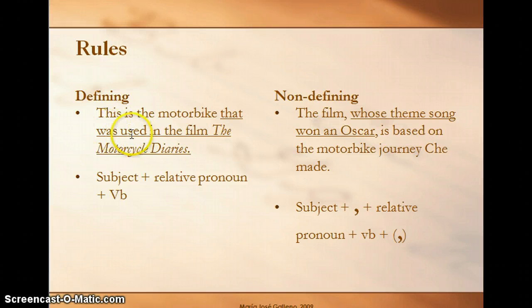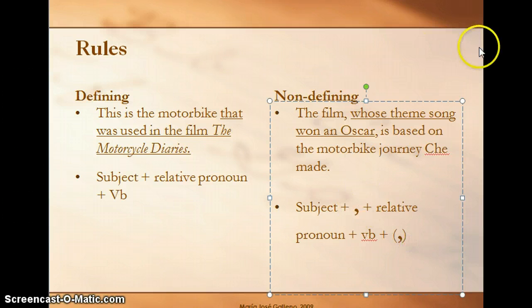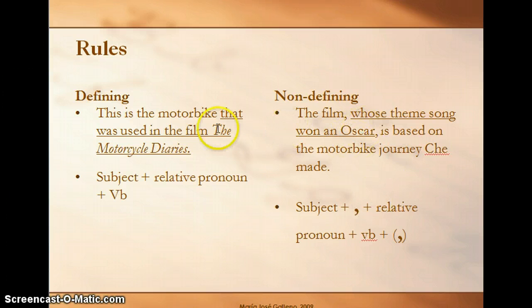It obeys all the rules that they usually do. Whereas the non-defining, you can see the subject, and here we've got commas. So that's the first two examples. The main difference between the defining and non-defining is that at first sight we also have the commas.